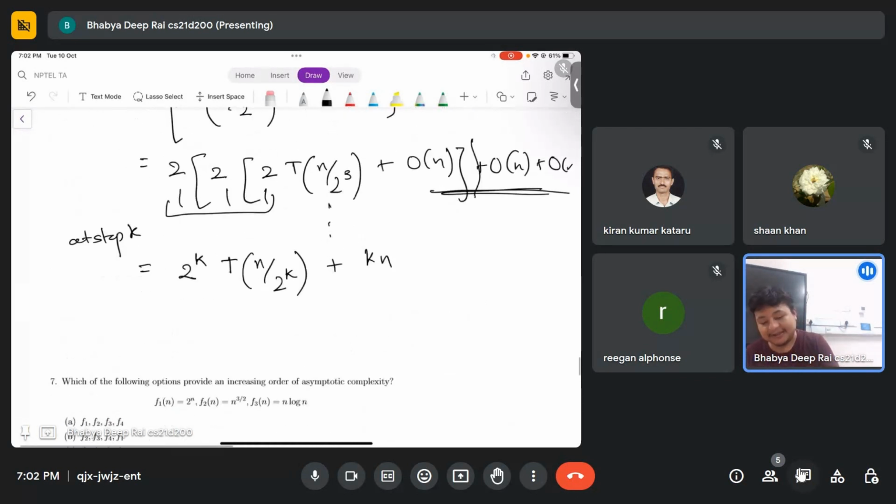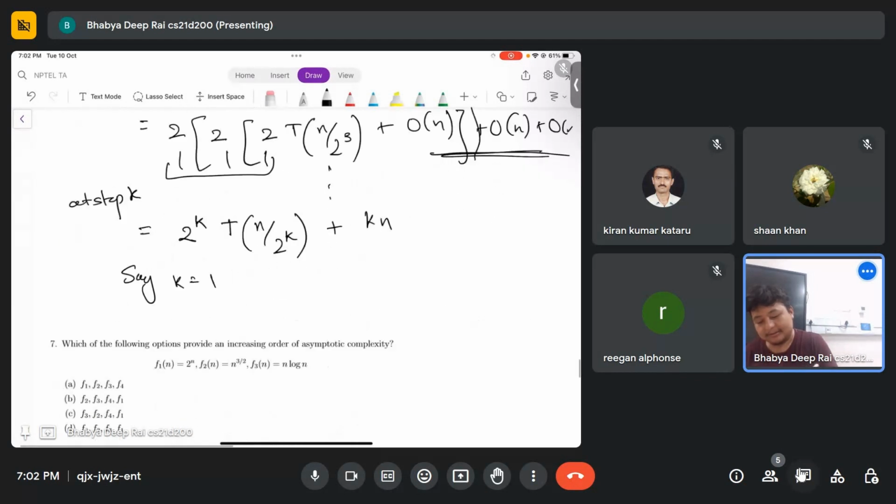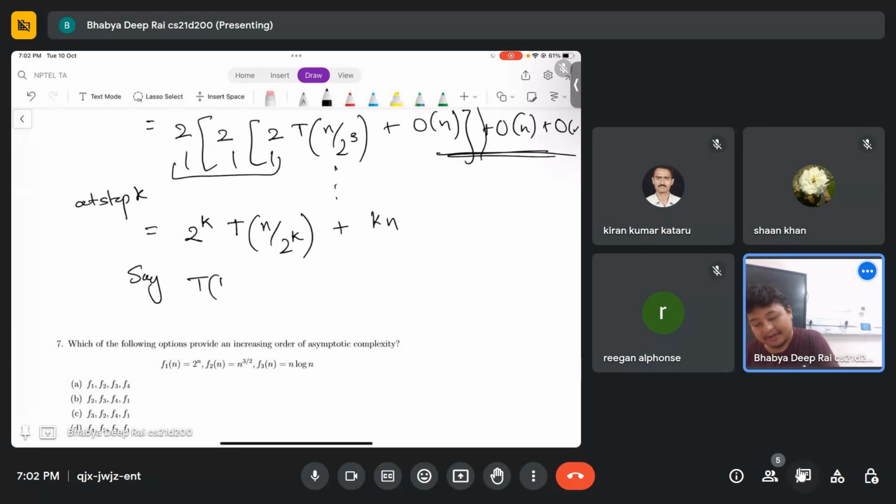So let's say we've reached the initial step. Say T of n by 2 to the k is equal to T of 1.